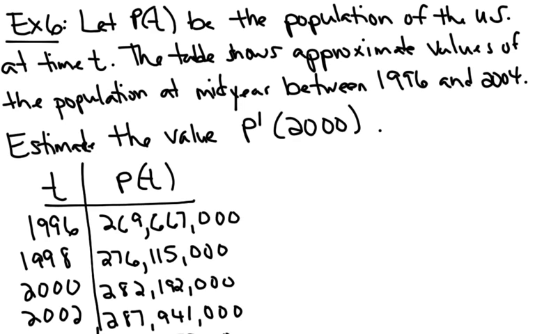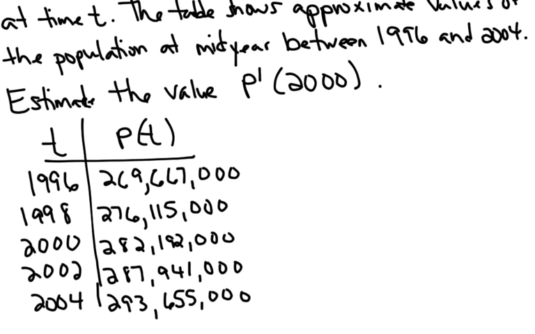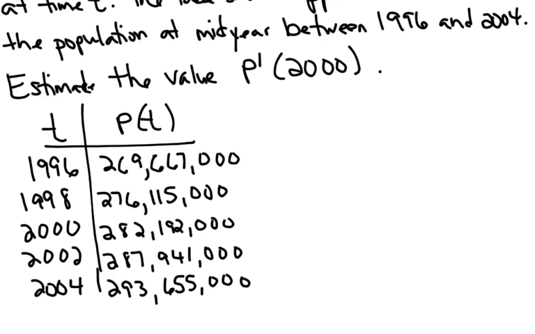In this last example, we're going to let P of t be the population of the U.S. at time t. The table shows approximate values of the population at mid-year between 1996 and 2004. Estimate the value of P prime of 2000. All right, in order to find P prime, we're going to find the averages with 2000.